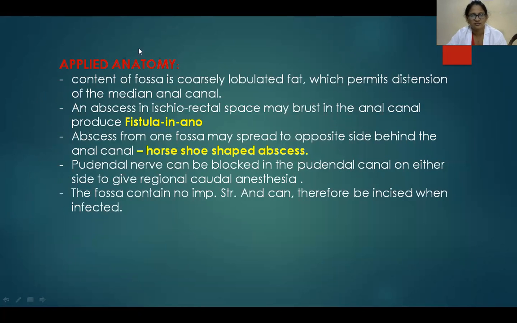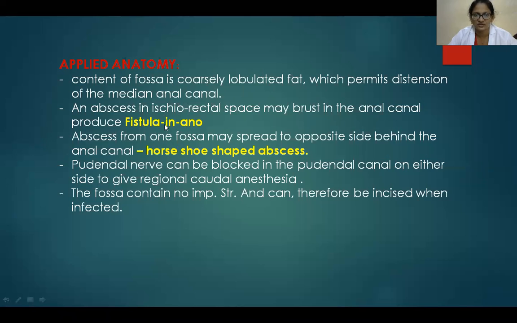Next, coming to the applied aspects of the ischiorectal fossa. The contents of the fossa are closely lobulated. Here the fat is arranged in lobules, which permits the distension of the anal canal. An abscess in the ischiorectal space may burst into the anal canal and produce a fistula in ano, which I already showed you in the previous slide on the applied aspects of the anal canal.